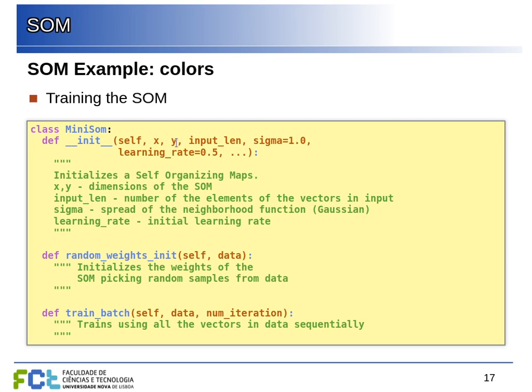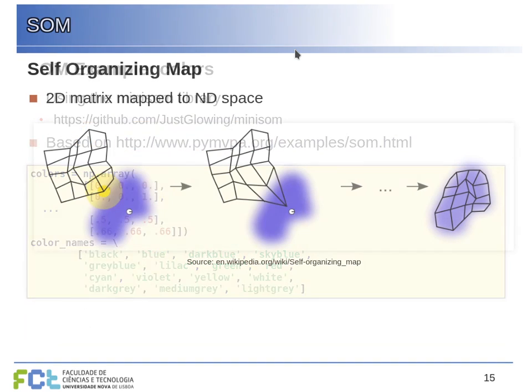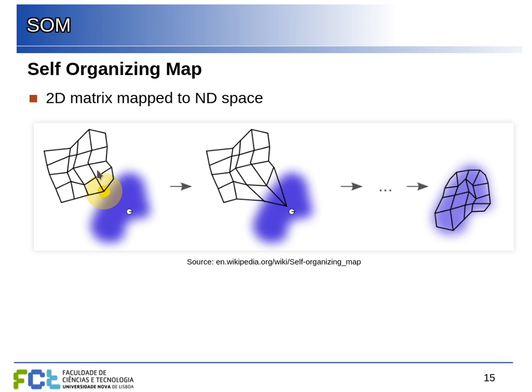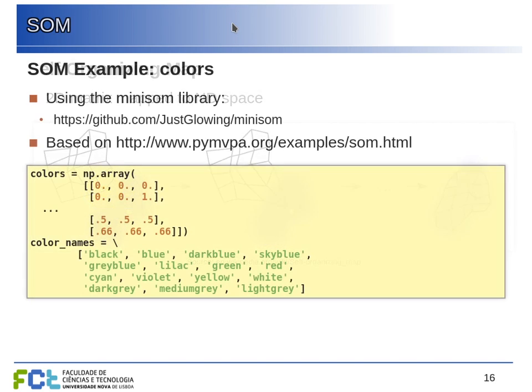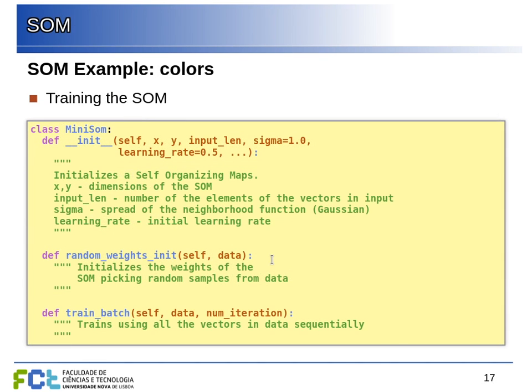This is the length of the input, so how many dimensions you have in the input, and this will allow you to parameterize the spread of this function that will pull the neighbors along with the best matching unit. So you can make this narrower, it only pulls the closest neighbors, or you can make it larger and pull farther away more. And also the learning rate that you start with, which then will decrease along the training.